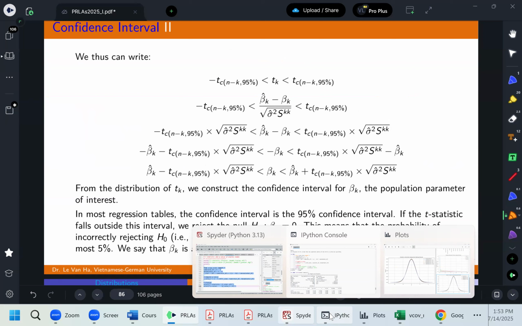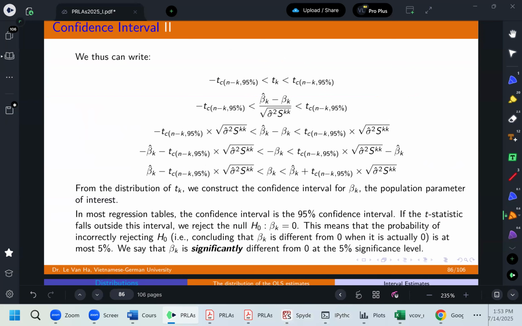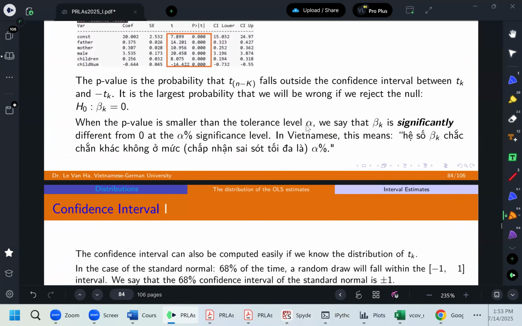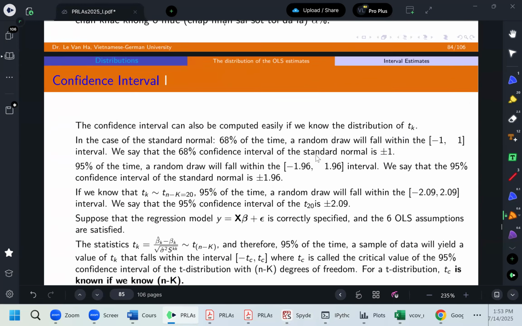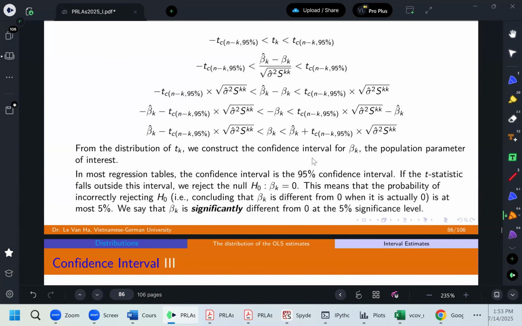Please do the computation, because that would be part of the regression table. Our goal is that we will compute everything, right? So this is the upper level and the lower level of the confidence interval. We need to compute it, and the formula is very simple. You take beta hat k minus the critical value c times the standard error.